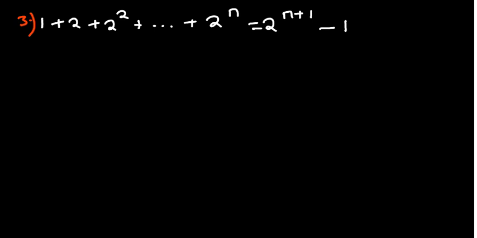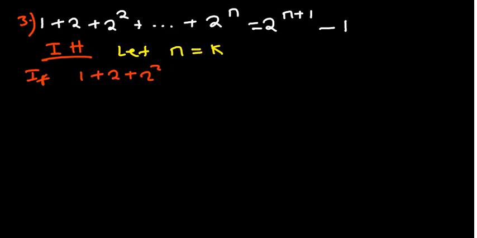After you've shown your base case, you can now go to the inductive hypothesis. Let our n be equal to k. So 1 plus 2 plus 2 squared plus all the way up to 2 to the power k, wherever there is n, we're putting k now.